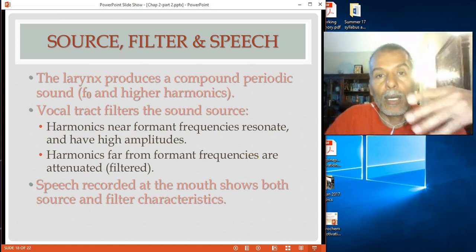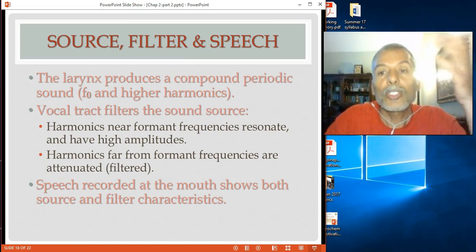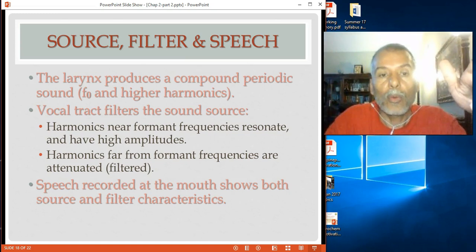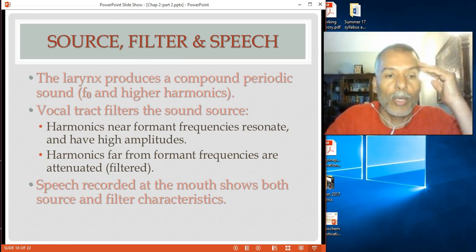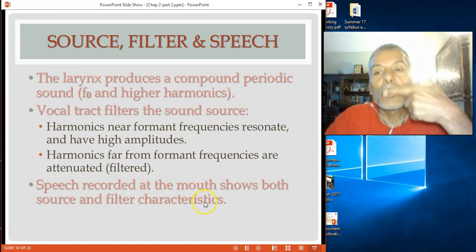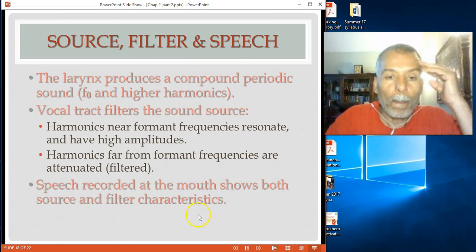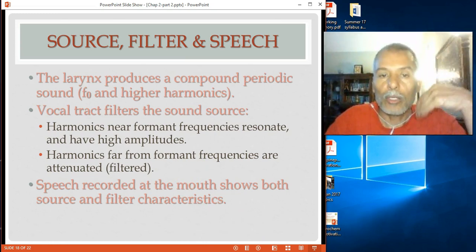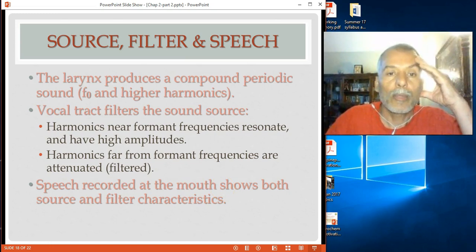The harmonics that are close, within the range of those of the vocal tract itself, are going to be amplified, which is saying that the odd harmonics are the ones that match the vocal tract frequency, and they stay, and the even ones do not match and they are attenuated. So in the end, speech that is recorded at the lips has characteristics of both the vocal fold harmonics and the vocal tract harmonics combined together, because all of them play almost simultaneously.